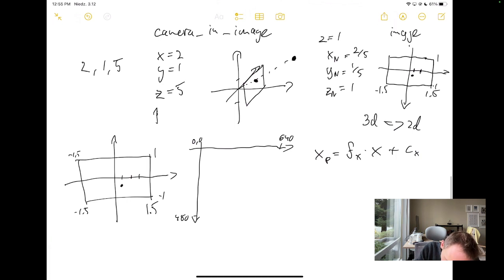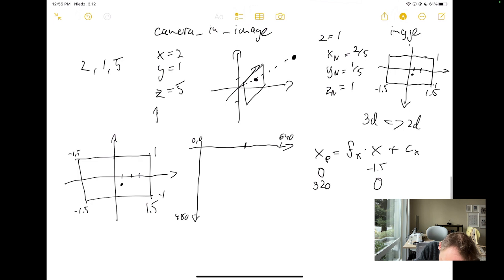We want minus 1.5 to be mapped to 0, and then we want 0 to be mapped to half of the 640. Half of 640 is 320, and this is already enough. Because if we put 0 here, then it implies that the cx has to be 320, and then from this we can figure out what f of x is.